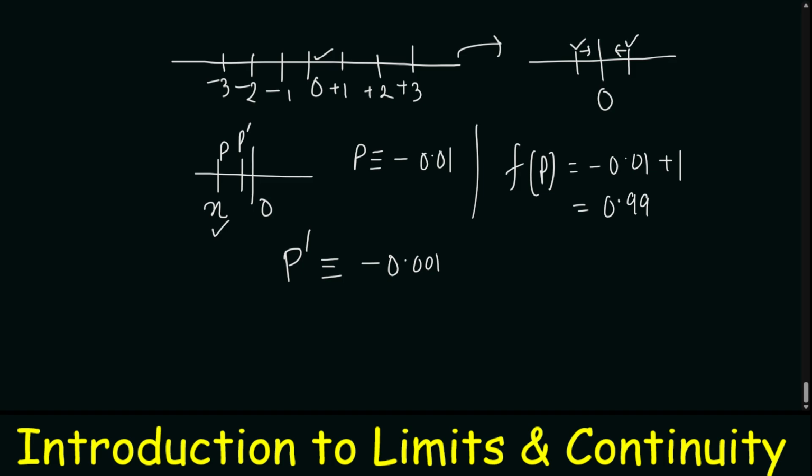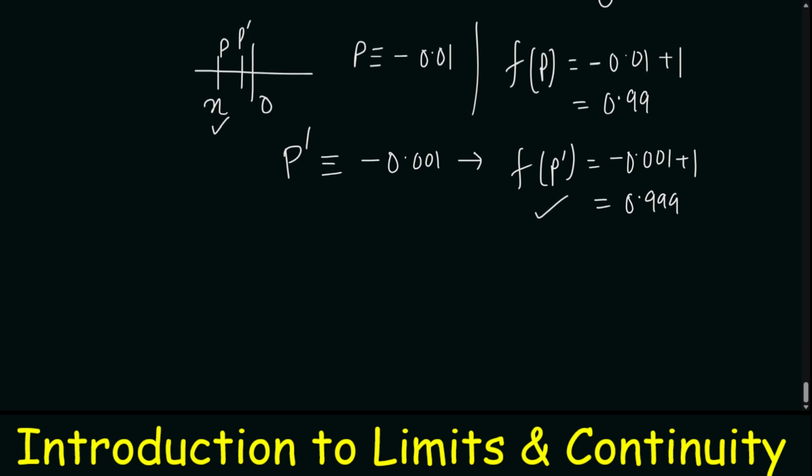In this case, the function value would simply be minus 0.001 plus 1, which gives you 0.999. And as you can understand, as the value of x gets smaller and smaller, this value gets larger and larger, and it approaches, as you can see, 1.